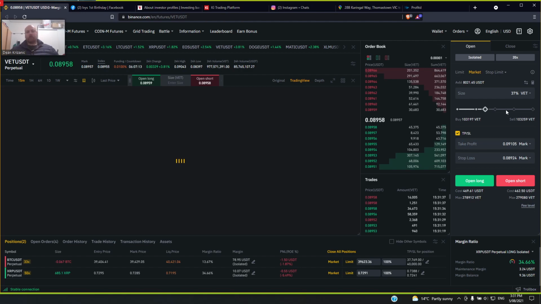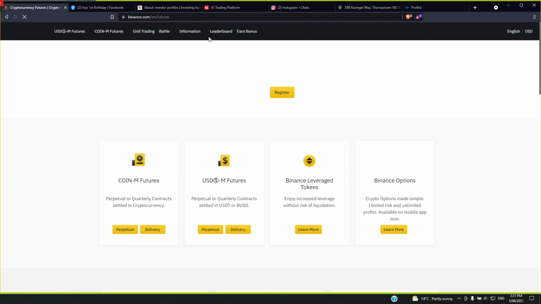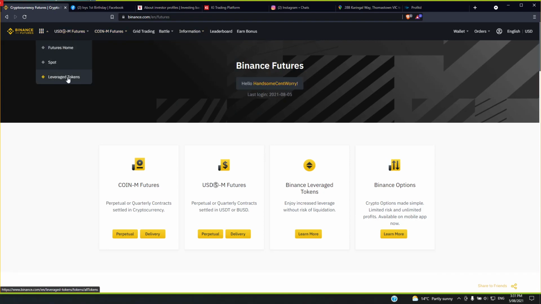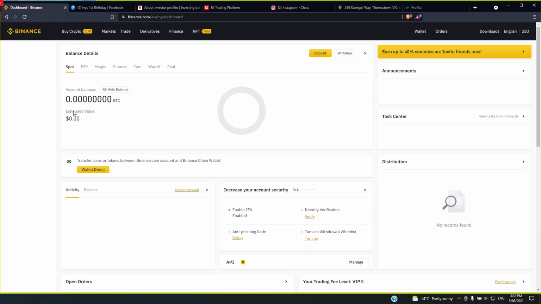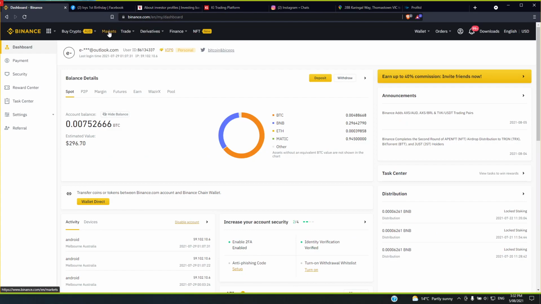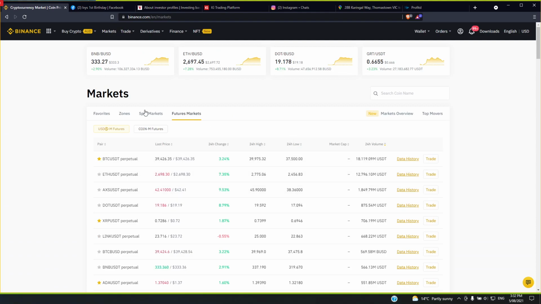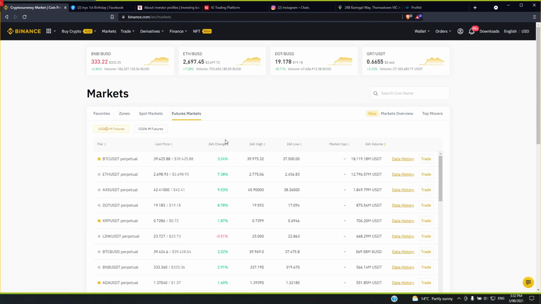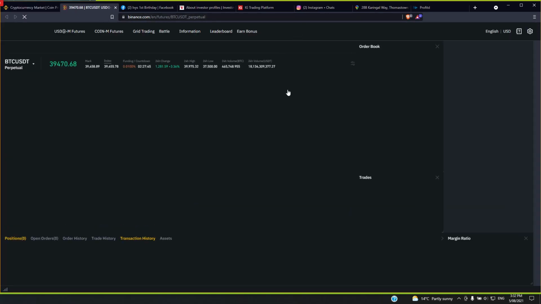So because you've asked me how do you work this, what I'll do is, I'll start it from the dashboard. From the dashboard, you just click the markets, right? Futures, okay. So it's going to go to favorites. Just click the futures market. Yep. Click trade, and you'll get in there.